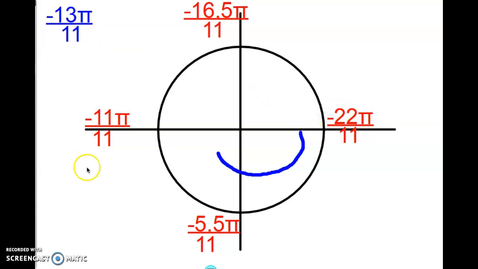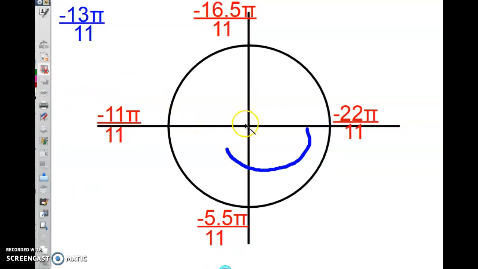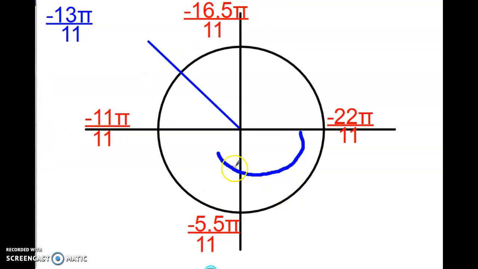Now we need negative 13, so that's going to be just a little more than negative 11. I start here, I go all the way around here. There's negative 11 plus 2 more ticks. I guess something like that. You don't have to be exact. And again, like we did the first day of writing angles, I draw my arrow.